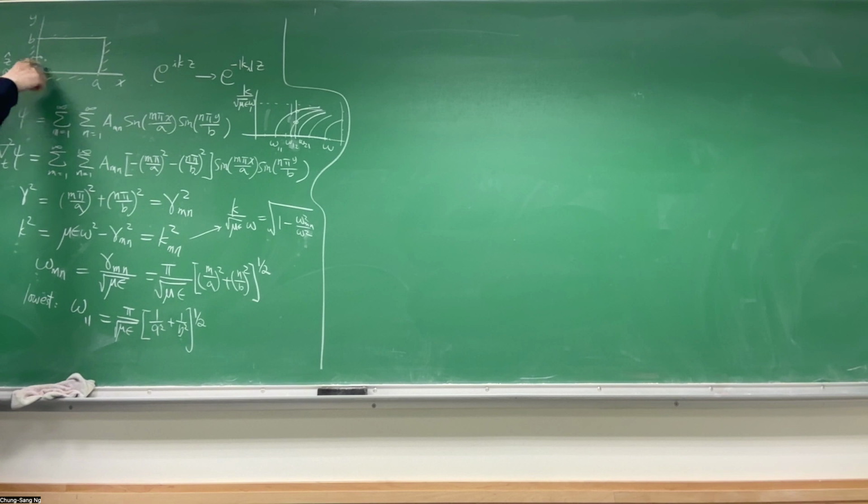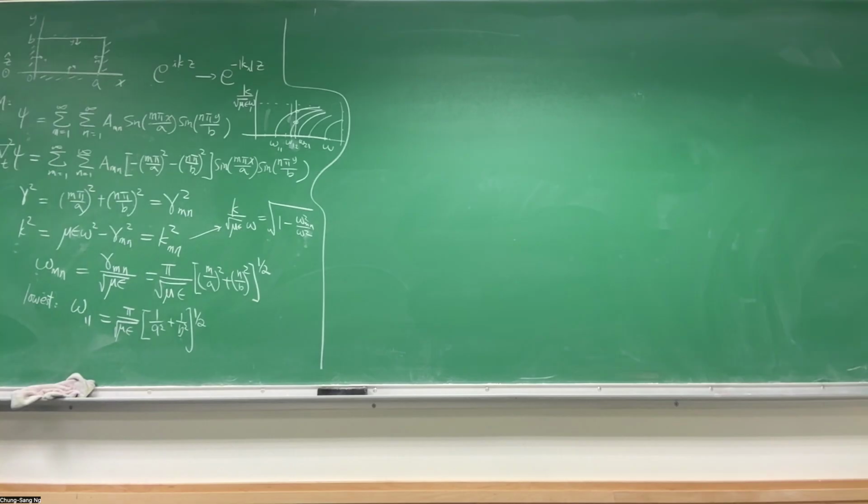For x equals 0, this n direction is x. At x equals a, the n direction is minus x, right? And so on. At y equals 0, the n will be in the y direction. At y equals b, n will be in the minus y direction.